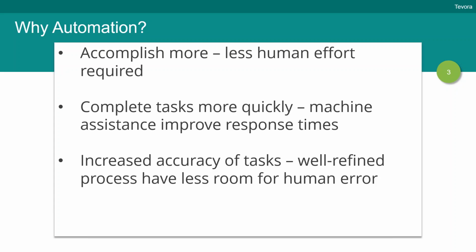Another big push for this is to be able to complete stuff quicker. Again, going back to our SOC example before, we might have an analyst sitting there working on a problem for 2 hours, and there's a long list of tasks that he needs to run through. He needs to go look up the IP of the system that might have raised the flag internally, and he needs to find out who that system is assigned to, and what department that person is a part of, so that he can figure out why they might have triggered this event.